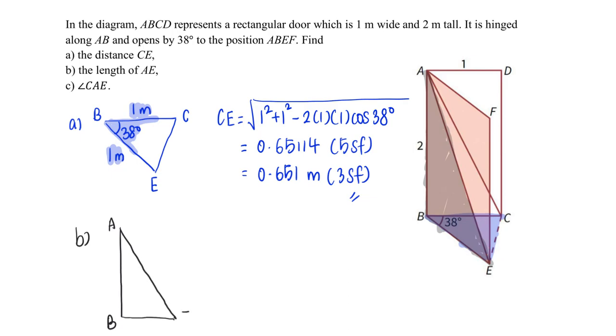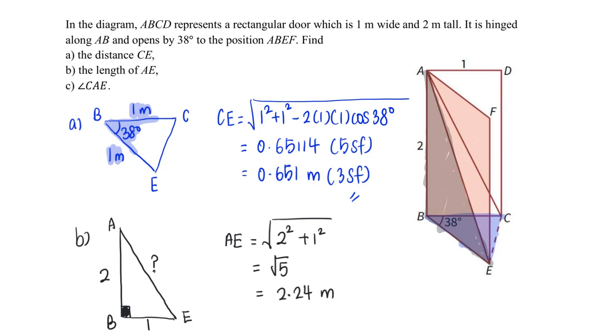If you realize, this is a 90 degree angle. AB is 2, BE is 1. Yes, Pythagoras theorem. So AE equals the square root of 2 squared plus 1 squared, which equals square root 5, which equals 2.24 meter to 3 SF.